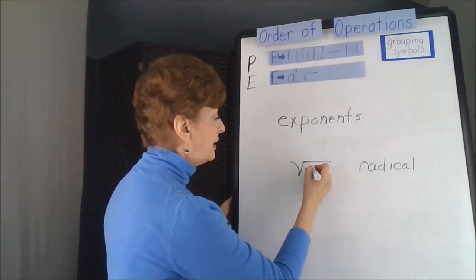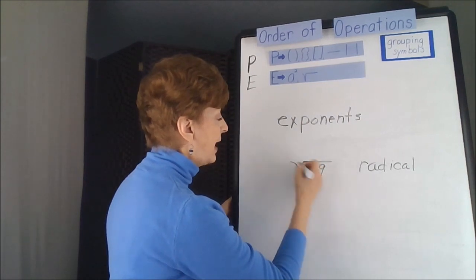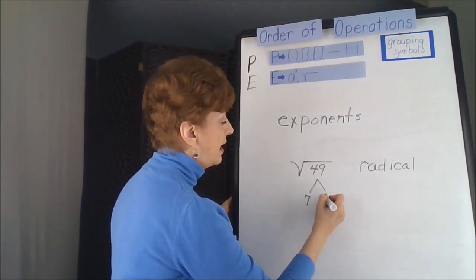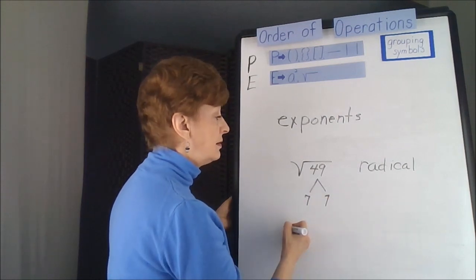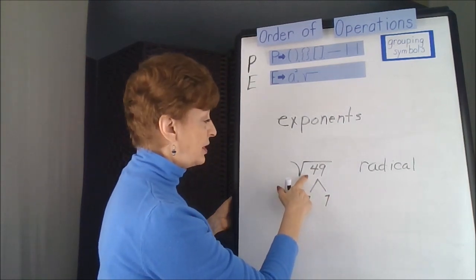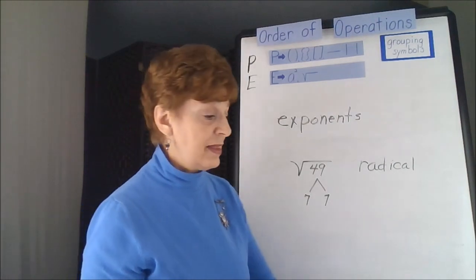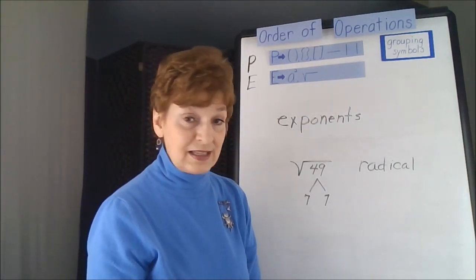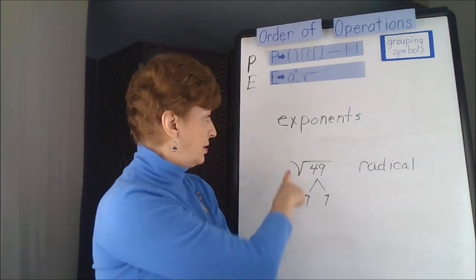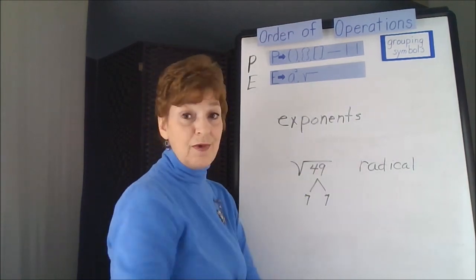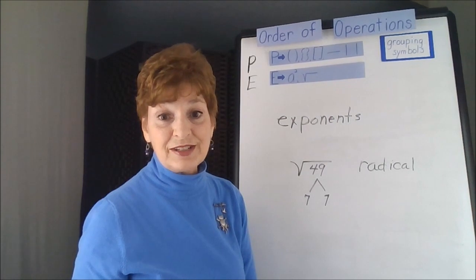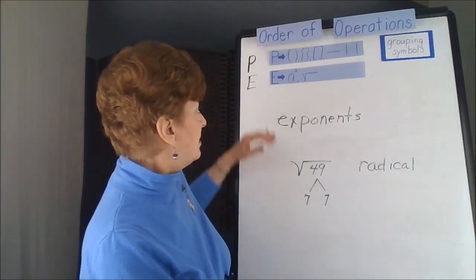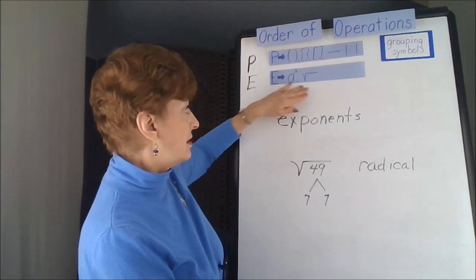If you had radical 49, this breaks down to 7 times 7. So we're going to be able to use our doubles that you learned in multiplication over and over again. There's lots of different ways to simplify radicals using your multiplication tables. So the second step, order of operations, is exponents and roots.